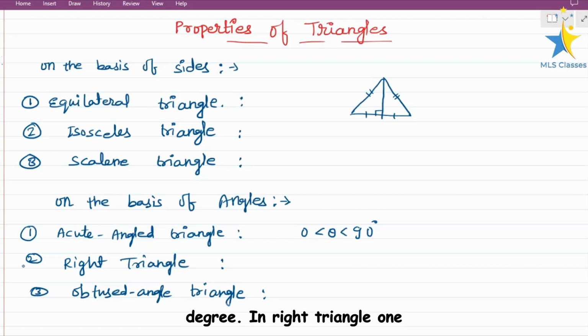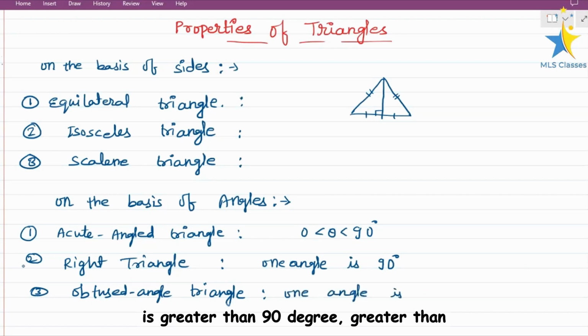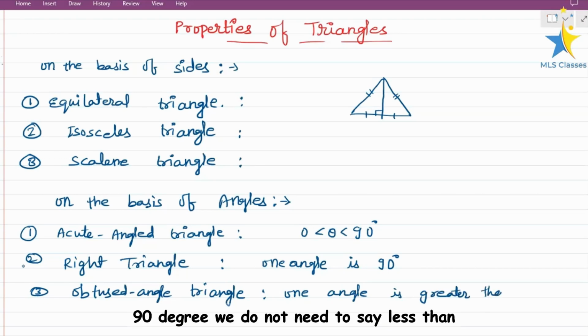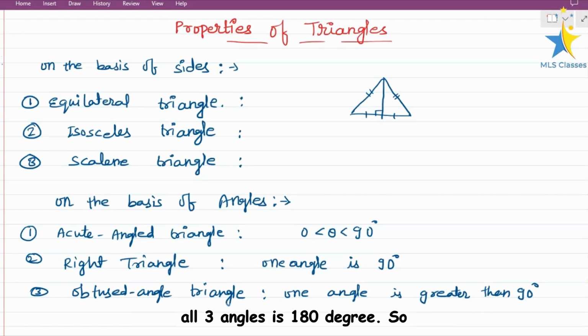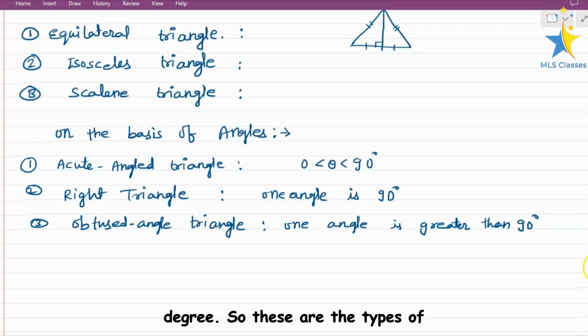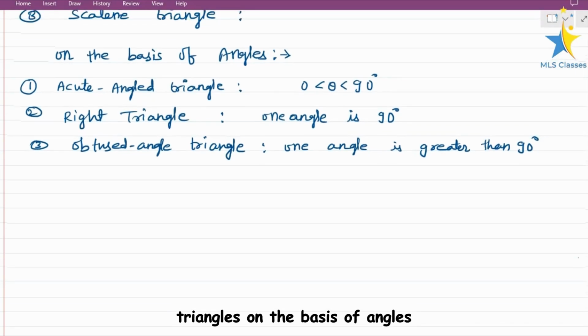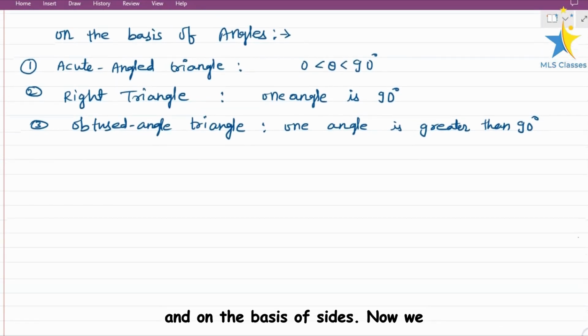In right triangle, one angle is 90 degree. In obtuse angle triangle, one angle is greater than 90 degree. We don't need to say less than 180 degree because we know that sum of all three angles is 180 degree. So greater than 90 degree and less than 180 degree. So these are the types of triangles on the basis of angles and on the basis of sides.